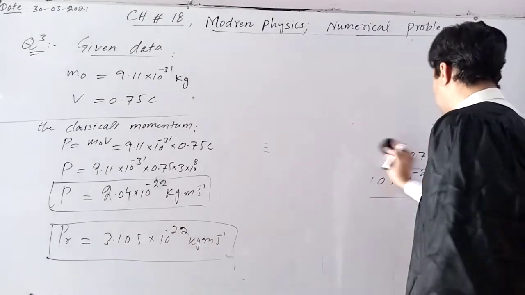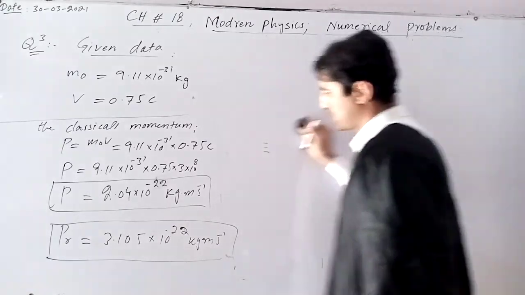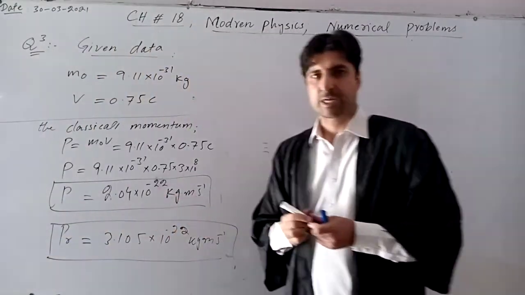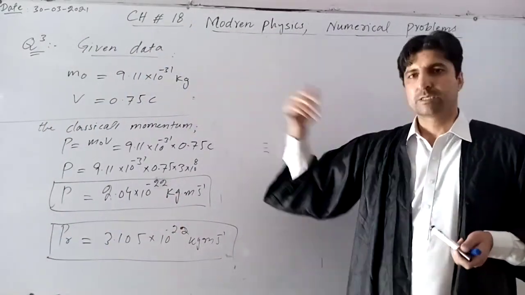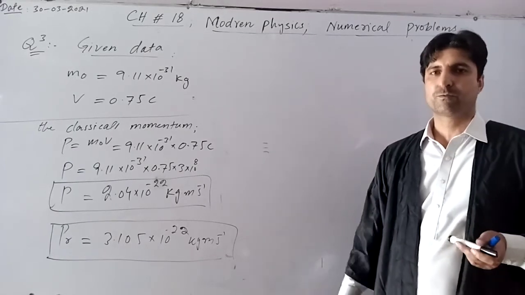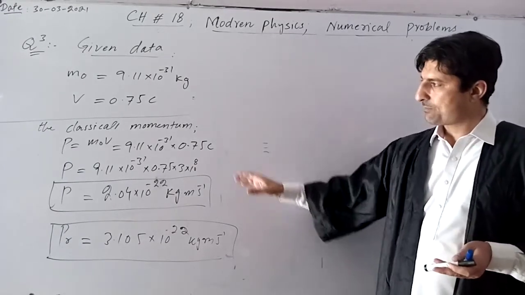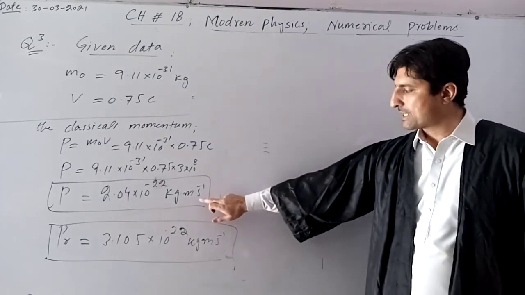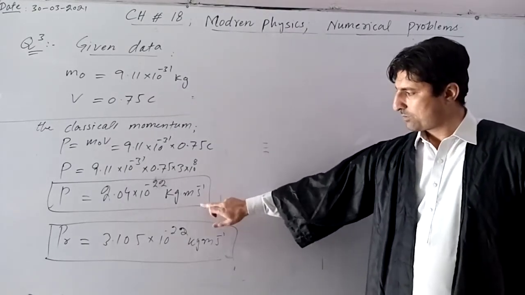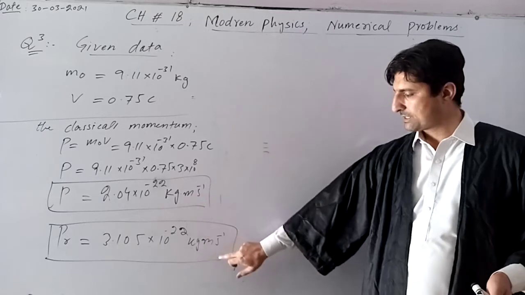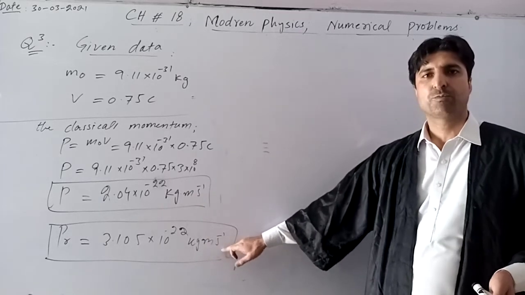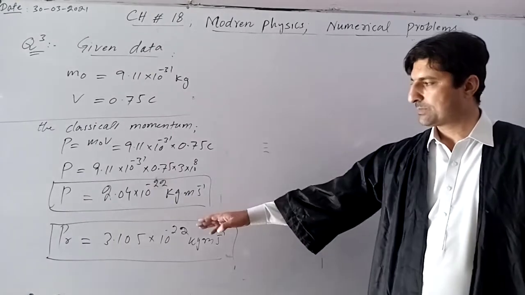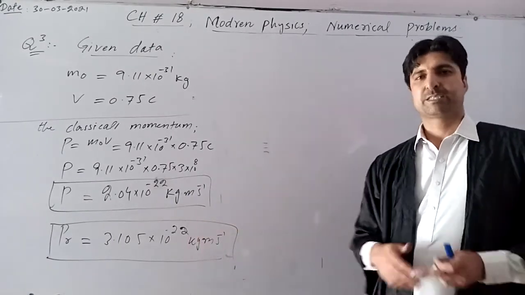Now it is stated in the third part of the question to find the relativistic momentum of an electron moving with the speed 0.75 c and compare it with the classical momentum. So this is the classical momentum calculated from classical physics, and this is the relativistic momentum calculated from the special theory of relativity, because in this the time is dilated.